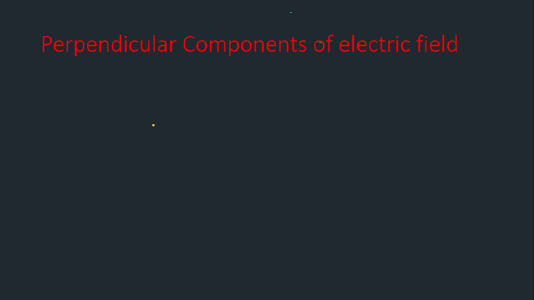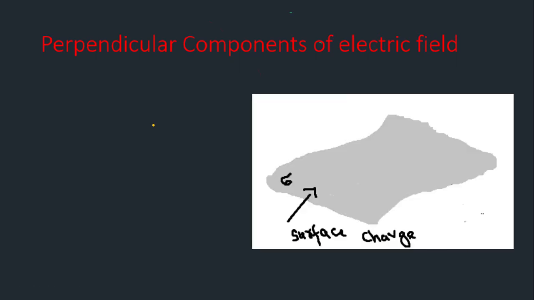Now we discuss whether these perpendicular components of the electric field are continuous or not when passing through a surface charge. For this we take a surface charge sigma. This shaded area shows the surface charge, and we use Gauss's law to find the electric field.